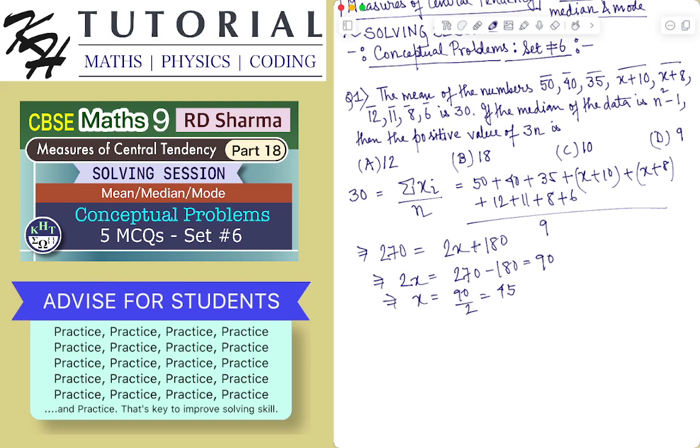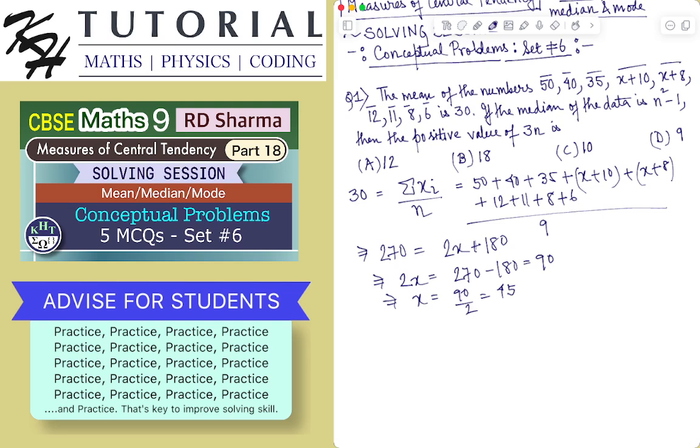Let me quickly check if I have done the calculation correctly. 270 is equal to 2x plus... let me check the sum. 50 plus 40 plus 35 plus 12 plus 11 plus 8 plus 6 plus 10 plus 8 is 180.